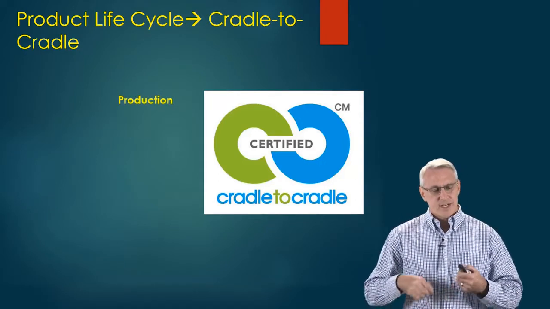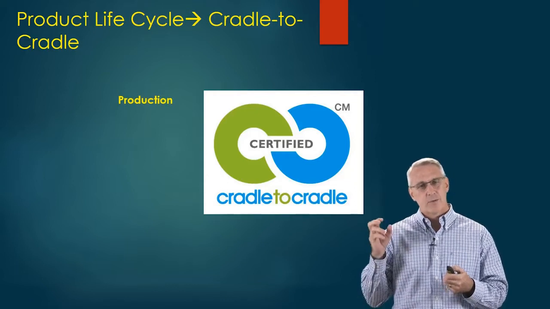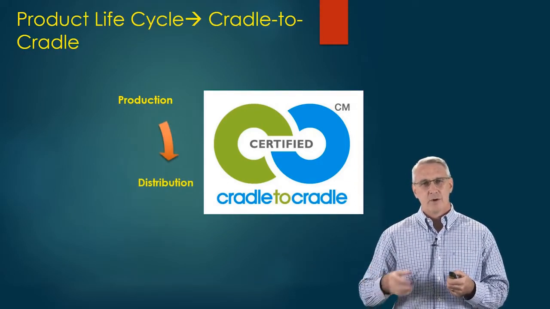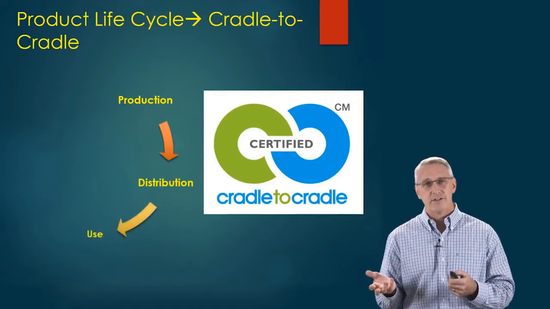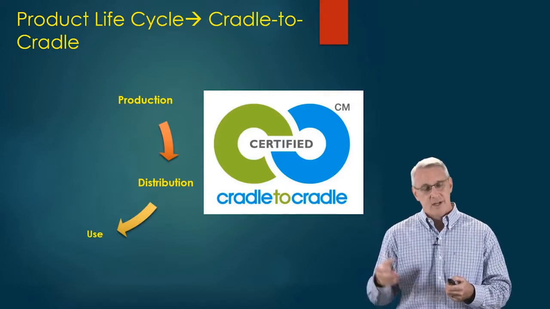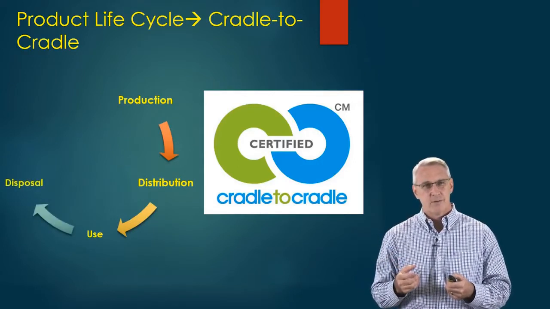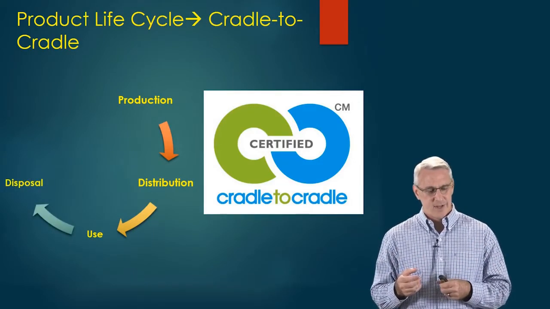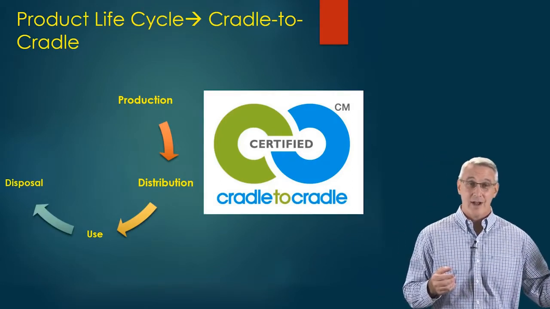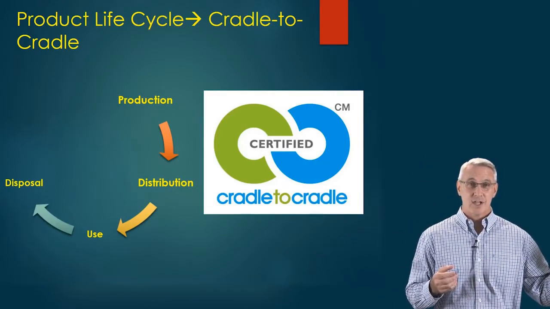So what it does is it takes our idea of, okay, we're going to produce a product. That's old hat. We know how to do that. We're going to distribute a product. We know how to do that too. And then a customer is going to use our product. Fantastic. Then what happens? Well, what we don't want is where they just dispose of it and consider that there's some away out there, which is no such thing.